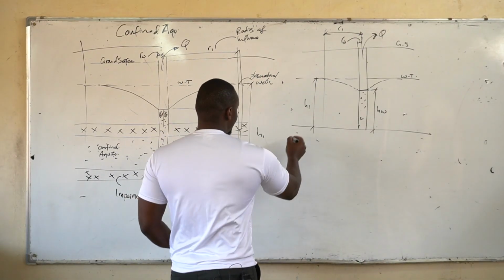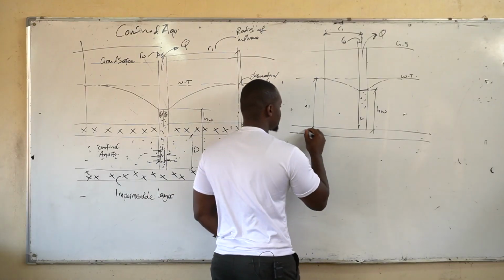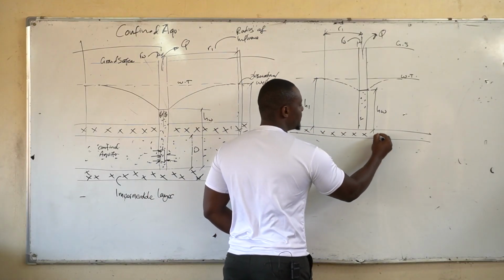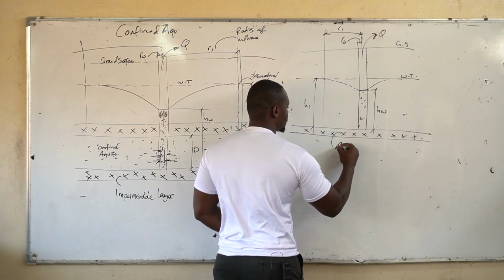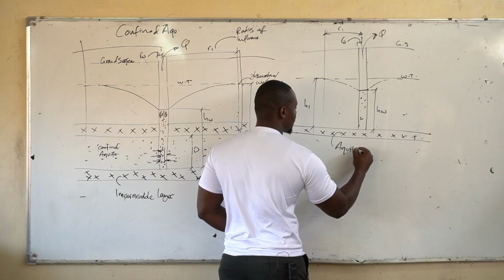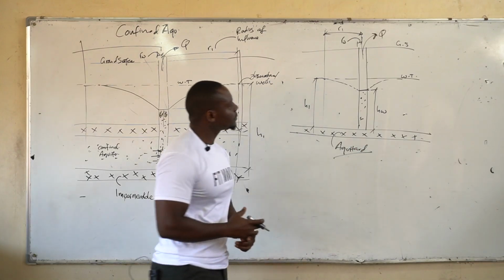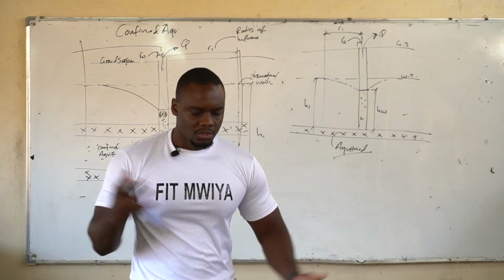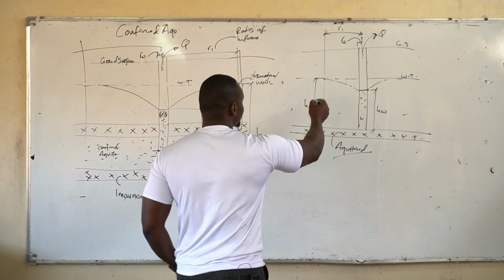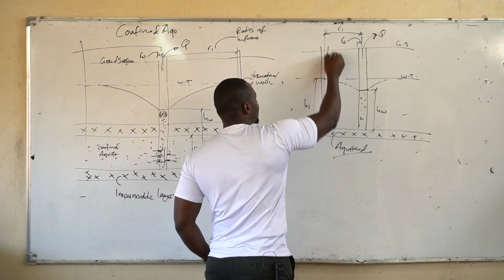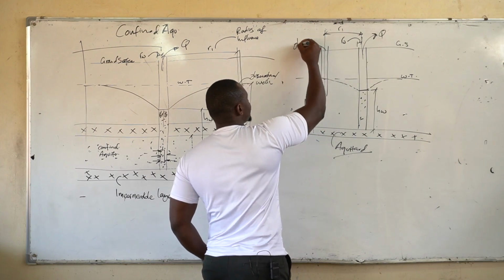And then maybe this can be an impermeable layer, so that we show the main difference. So let's say aquitard. So that's it. And wherever we're measuring from, this is also known as an observation well.